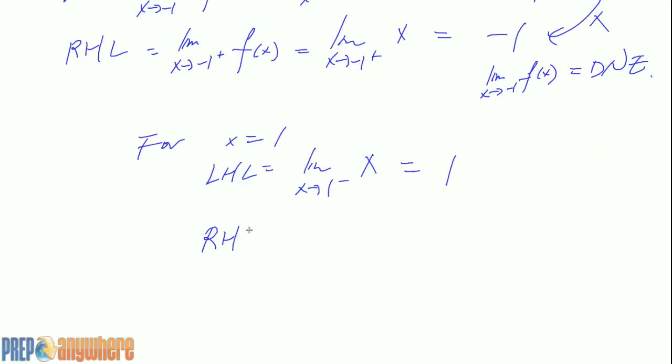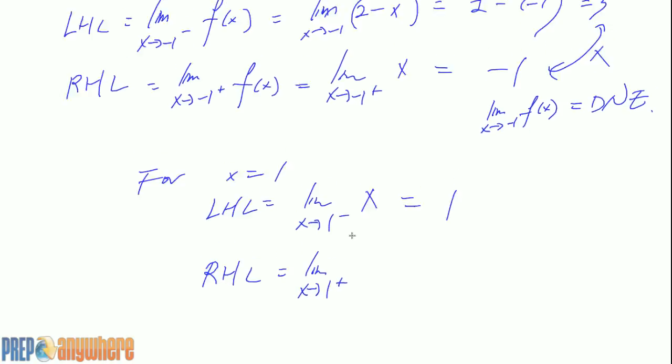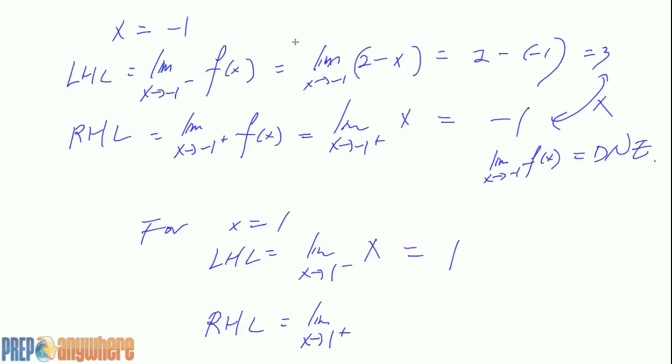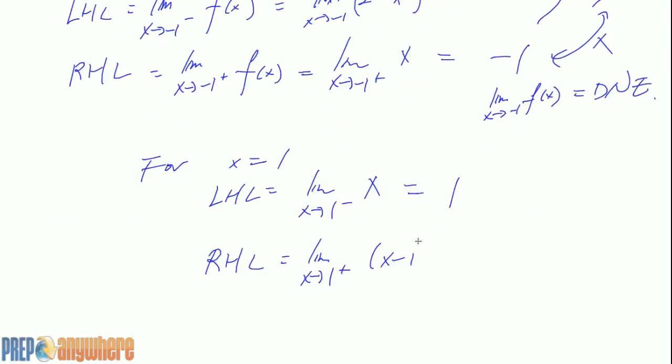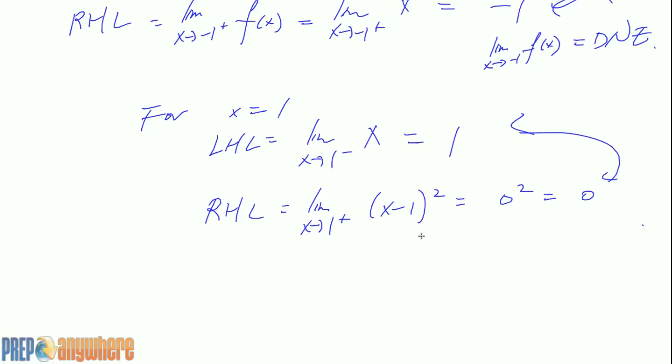The right hand limit: you have to use this one, (x minus 1) squared, and you get 0 squared. Again, not the same. So therefore, the limit exists everywhere except for -1 and 1.